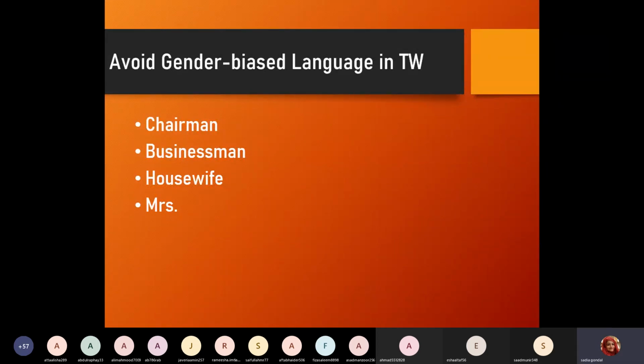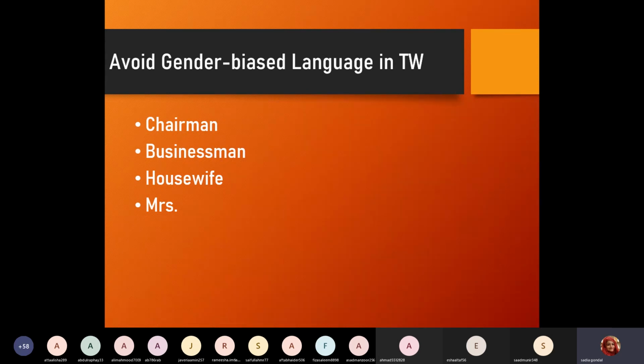That would make your writing neutral. When we use such words as chairman, what if the person is a female? Are you still going to use the word chairman? Are you still going to use the word businessman if the person is a female? A male is sitting at home and he's looking after the kids. Will you still call that person a housewife? Whenever you are addressing a female, especially a married one, you always address her as Mrs.